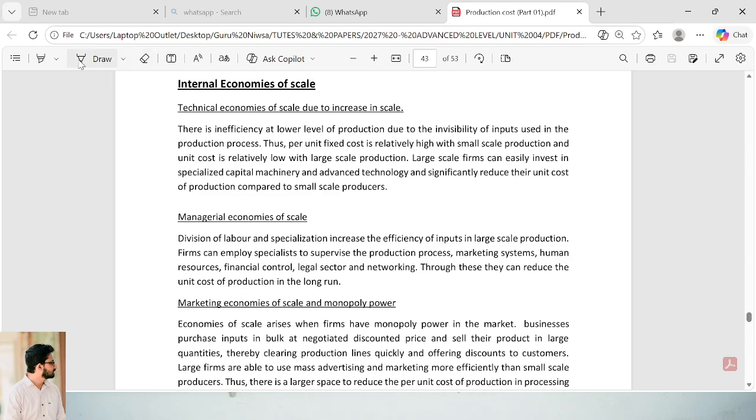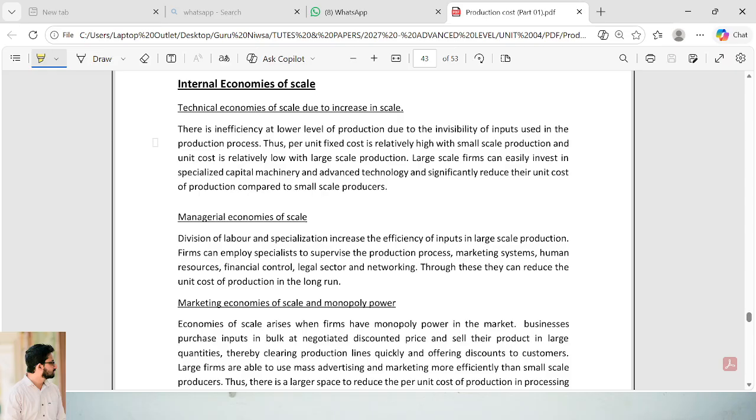The first one is technical economies of scale. Very simple. These are the same reasons affecting increasing returns to scale, if you can remember. These large scale producers can use heavy machinery and indivisibility of factors of production, and especially the concept of division of labor can be used for this large scale production process, thus effectively, right?